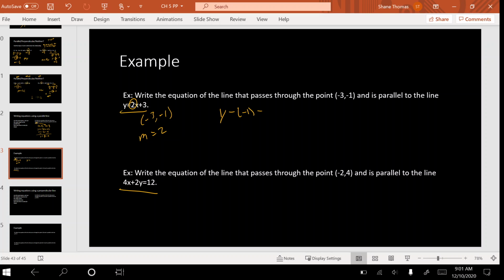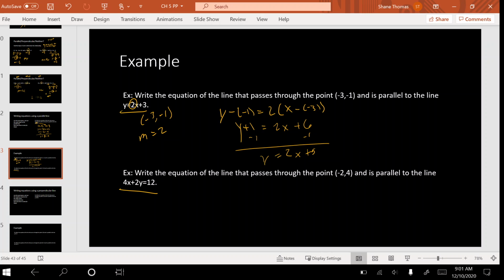Minus the -1 equals, good. The left side just turns into a plus, right? Right side, after I distribute, what am I left with? 2x plus 6, good. Last step, subtract a 1. So y equals 2x plus 5.